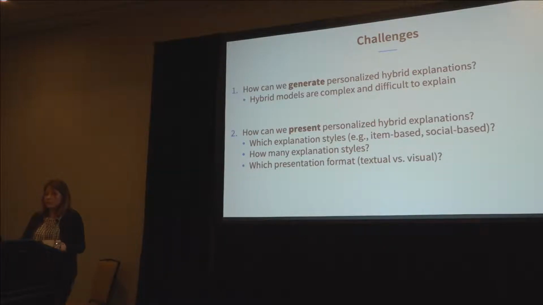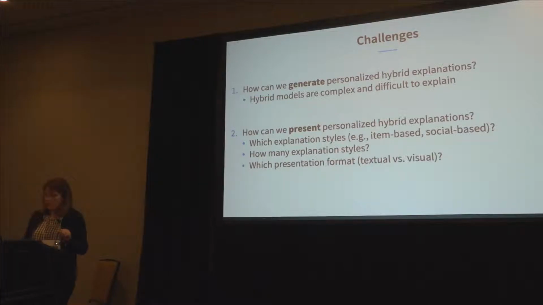There is a plethora of dimensions to take into account, but in this study, we focus on answering three very specific questions. The first question is, which explanation styles are preferred by users? For example, is it the case that users prefer item-based explanations over social-based, or no?